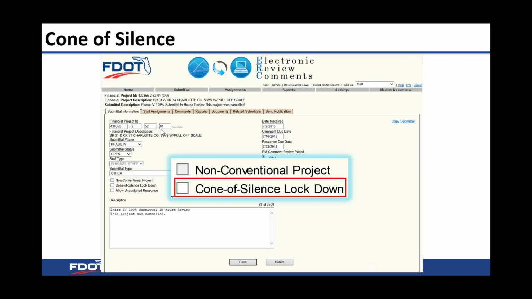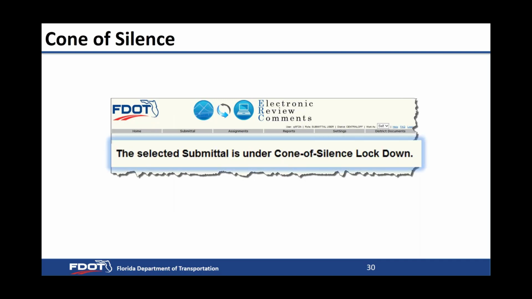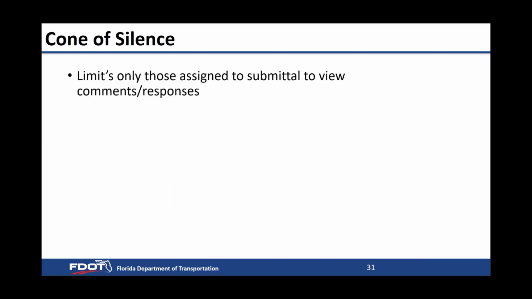If this box is checked and somebody clicks on that submittal, it's going to come back with a message. The selected submittal is under a cone of silence lockdown, and they won't be able to see the review until that box is unchecked.